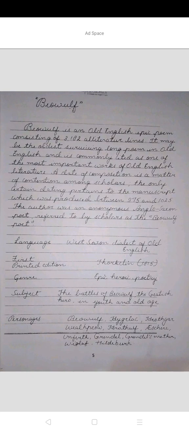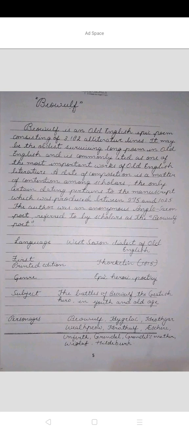It is very important. Beowulf is an Old English epic poem consisting of 3182 alliterative lines. It may be the oldest surviving long poem in Old English and is commonly cited as one of the most important works of Old English literature.